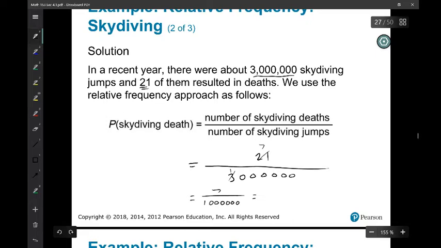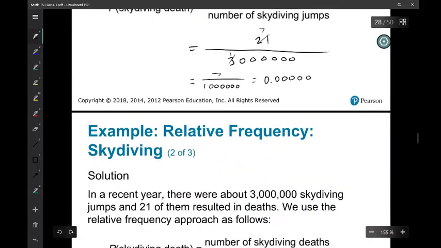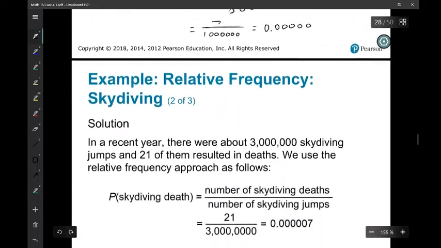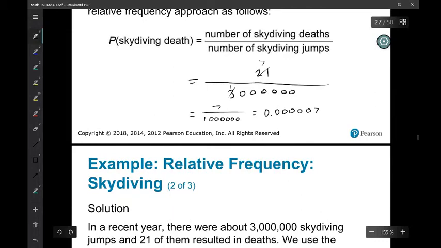Which would be 0.000007. Very close to 0, so very unlikely to die from skydiving.